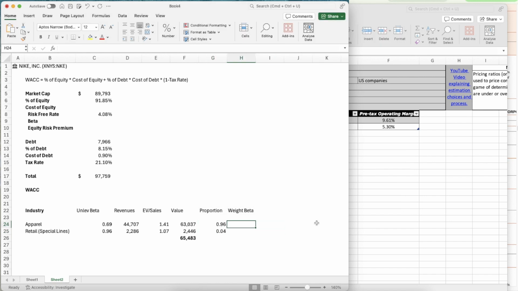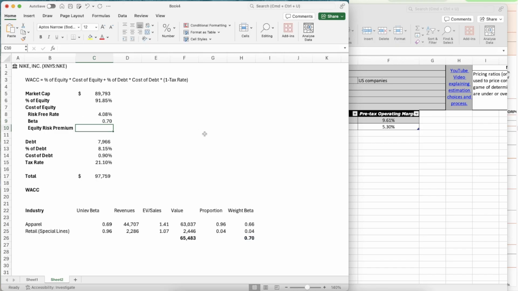Now the weighted beta is you just go the proportion multiplied by the beta. Get down, go sum, 0.7. Oh, no, didn't work. And that's our beta, 0.7. What's the cell? H26.